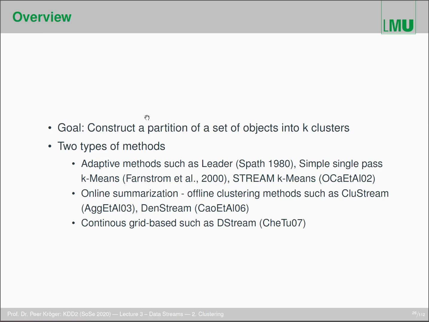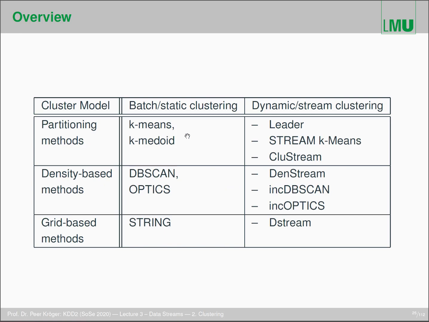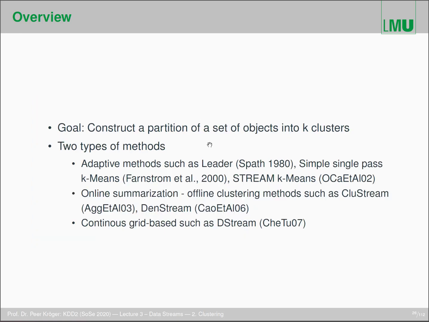Typically, the goal is to construct a partitioning of a set of objects into k clusters, especially for the partitioning-based approaches. But also for the density-based things, where k is then not an input parameter, of course. And typically, we have two types of methods, even though we have 3 bullet points here, but the latter two here are the same type of methods.